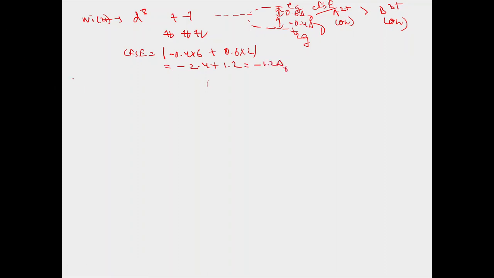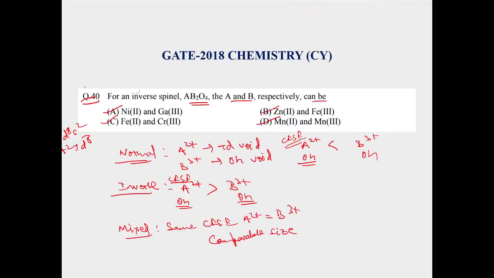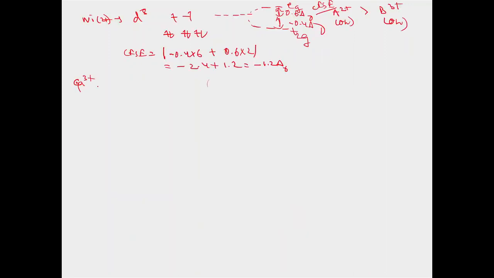Okay, then going on to this gallium 3 plus complex, right? So gallium's electronic configuration is 3d10 4s2 4p1. Okay, so 3 plus means it is a d10 system. So for this one, the CFSE will be, it is completely filled, right?